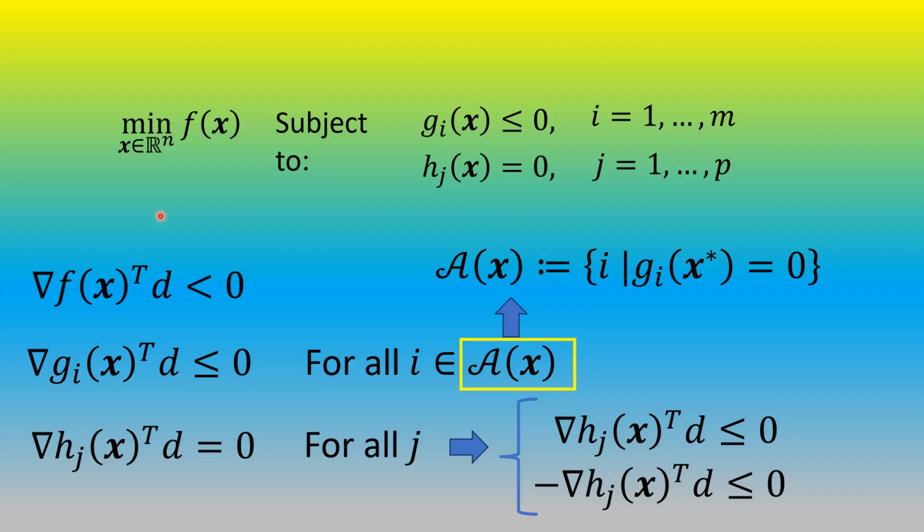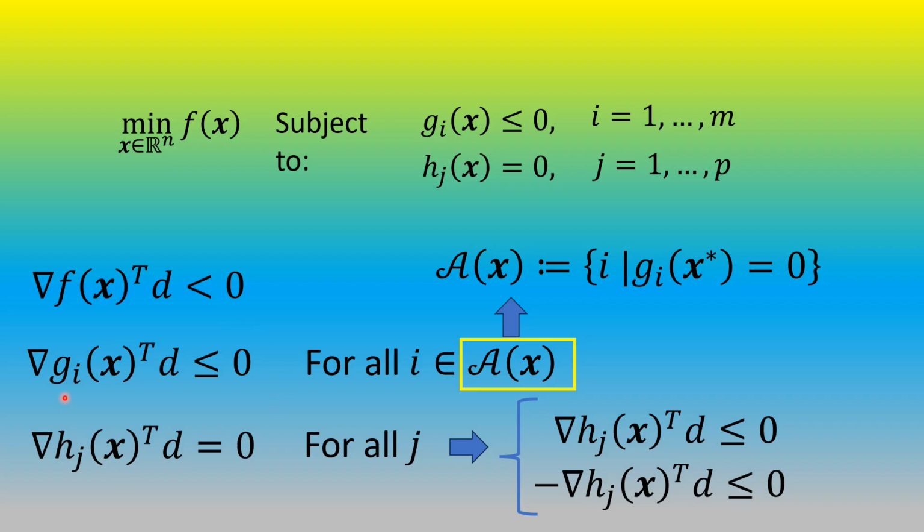So one property is that the directional derivative in the direction of this feasible direction has to be less than 0. So when you're going in one of these feasible directions, you want to go down the slope. So that's in the direction of the minimum. Then also you want to stay on the manifold. That's what these two conditions over here say.